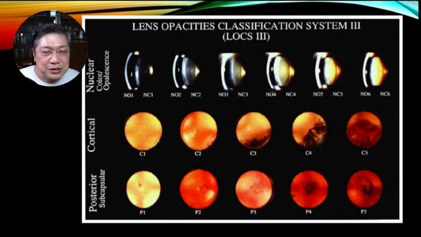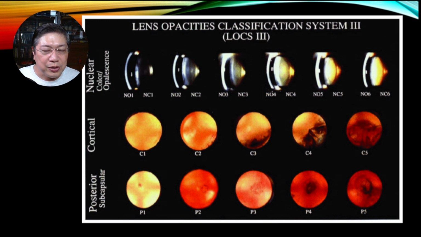The one in the middle is cortical cataracts, and the one at the back is the posterior subcapsular cataracts. The first line is using a slit lamp. The second line is just using the red-orange reflex or just an ophthalmoscope. The last line is again just retroillumination using the red-orange reflex. You look at your patient and then look at the picture. If that is what you see, that is their grade.